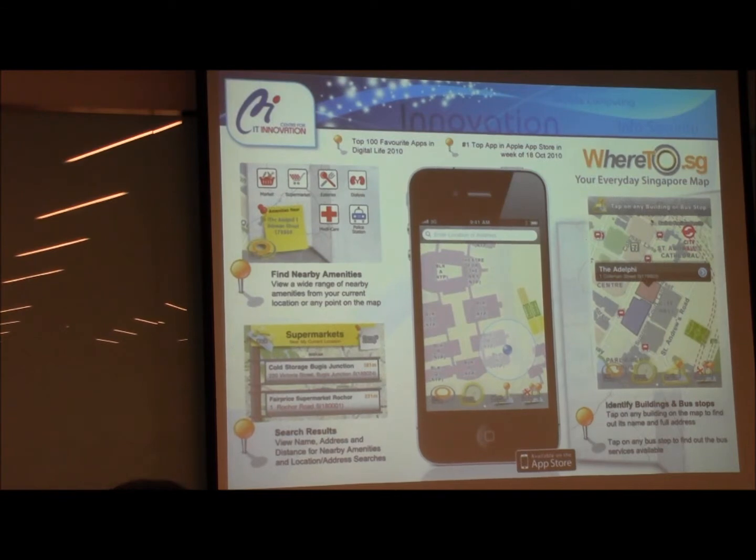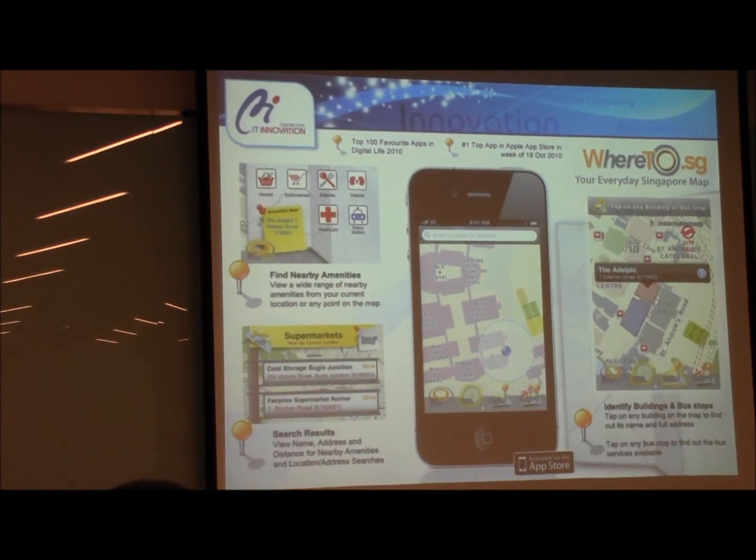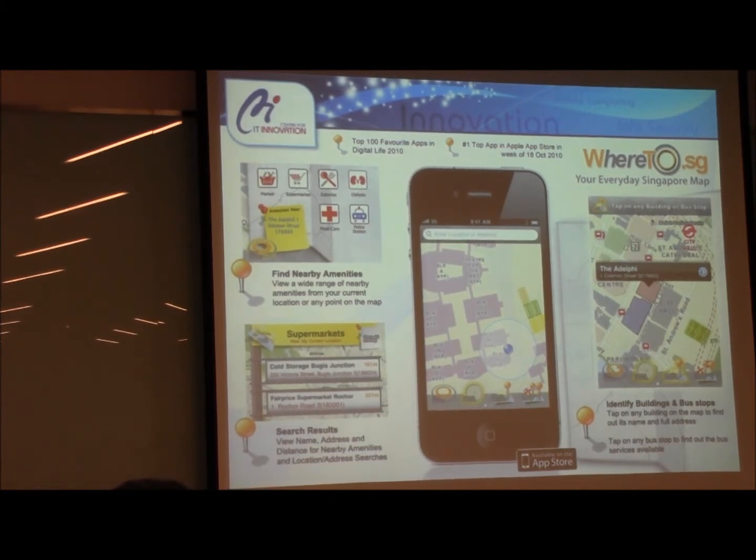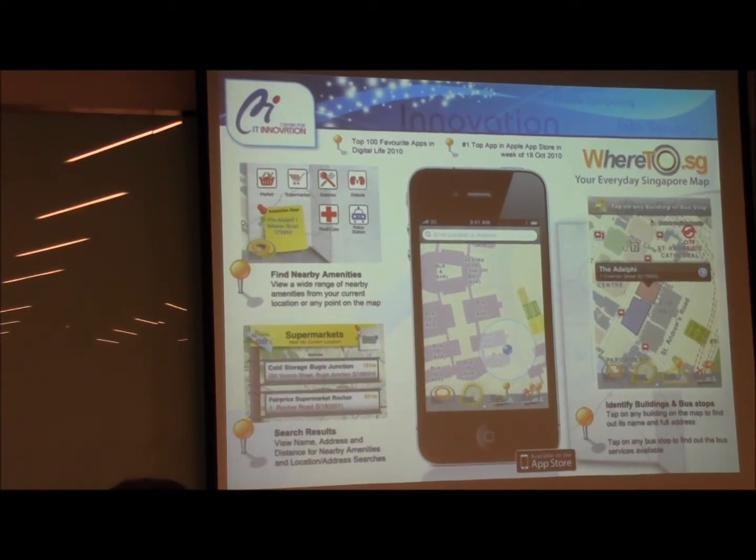For one app, you are limited to the APIs that were provided to you, but for this, we are able to access the ArcGIS server using the ArcGIS API directly. So we have more flexibility in terms of the layers that we want to show, and more control over the data. It uses their own data, but their base map is bought from SLA.